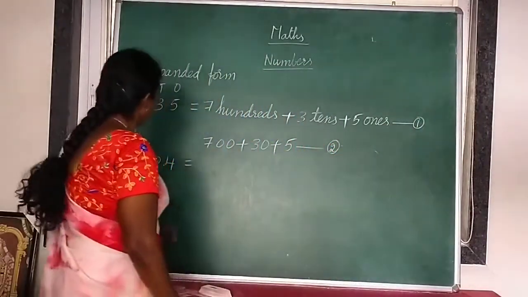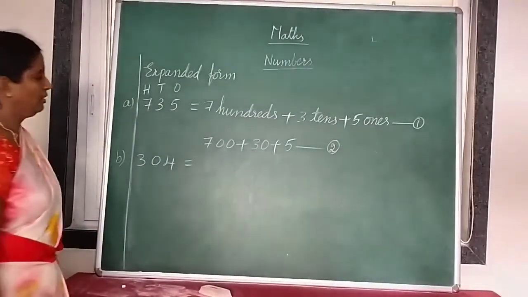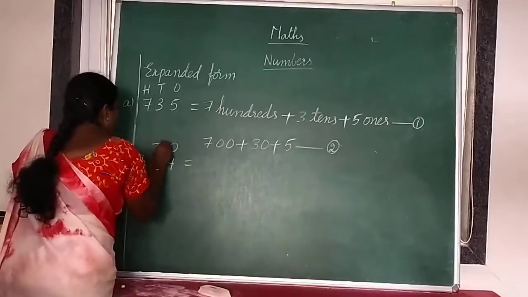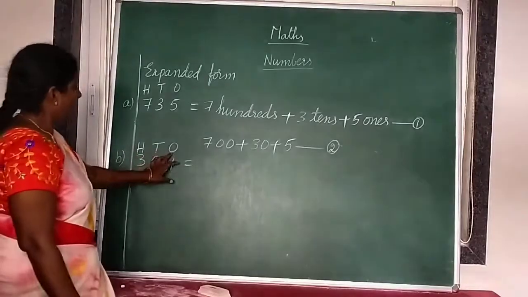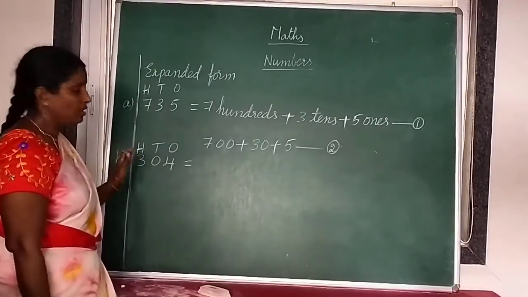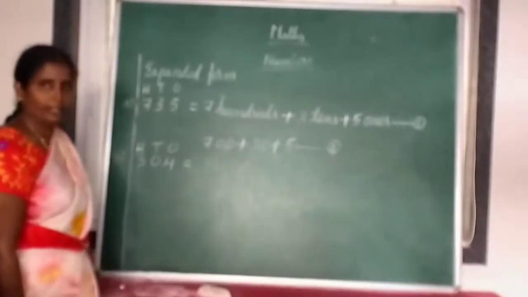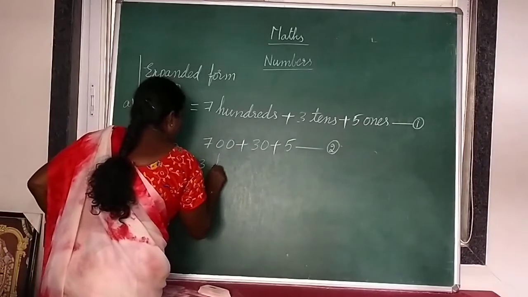Okay, have you finished the second one? Good. Let me explain once again. Ones, tens, hundreds. Start from the hundreds place. How many hundreds are there? Yes, 3 hundreds.